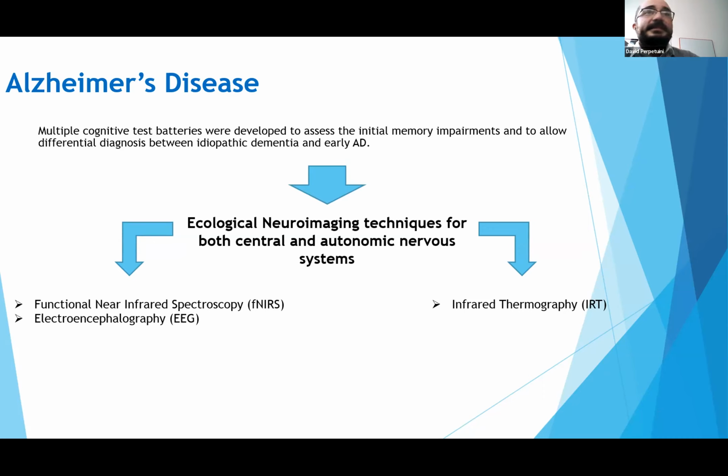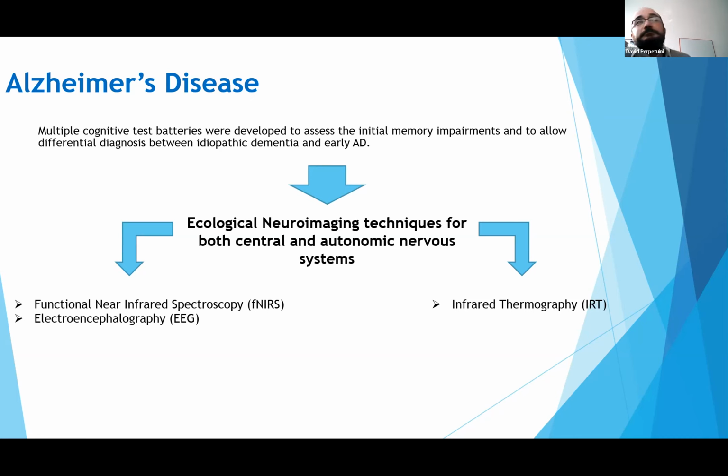The hypothesis is that we can use neuroimaging techniques together with these tests to see if it is possible to increase the capability of these tests to detect the pathology.